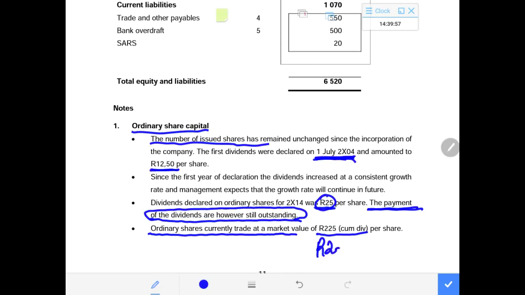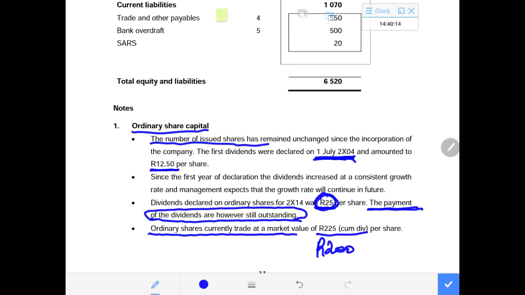The price was 200, but because they are cumulative, we added 25 rand, so now it became 225 according to the market. However, the current price is 200 rand before we added the one that was not paid.